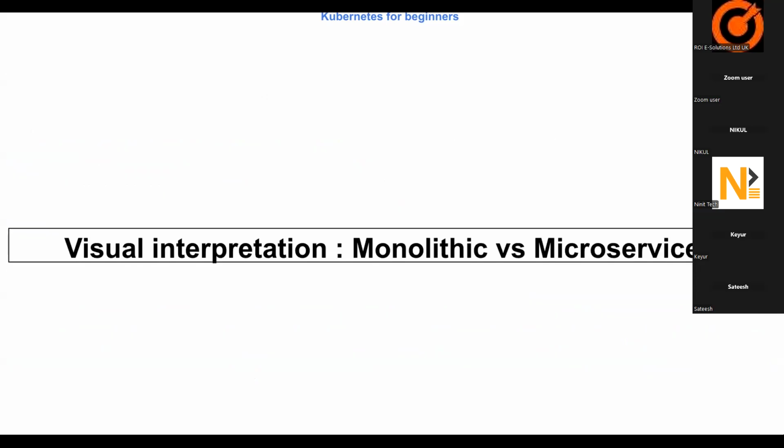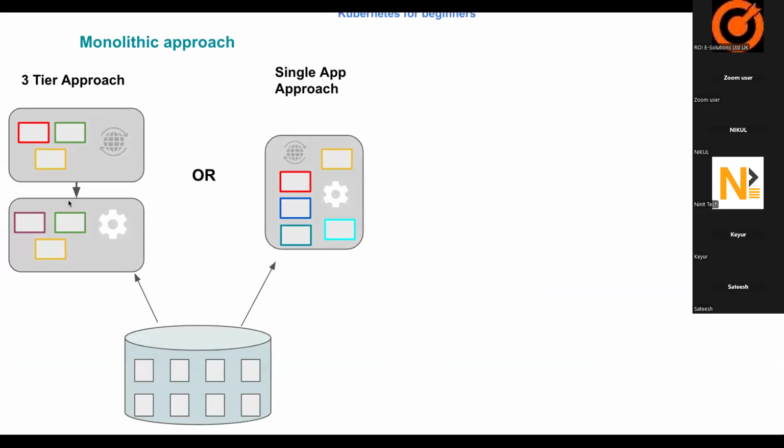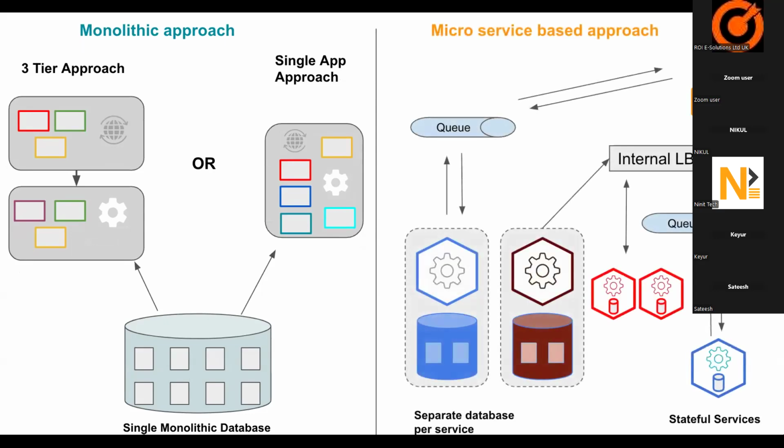So this is a small visual interpretation of monolithic versus microservices. On the left-hand side, you are seeing a monolith approach, where there were two very popular patterns for monolithic applications.